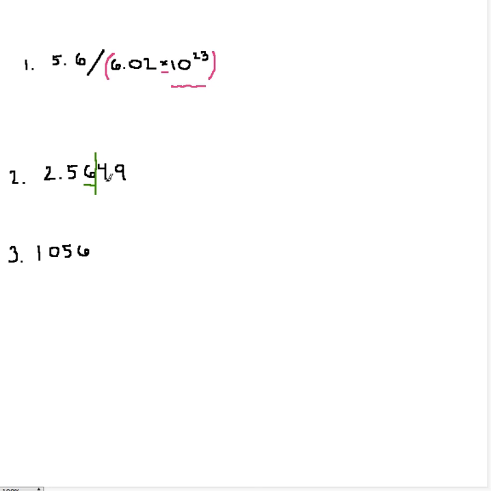If the number is between 1 and 4, right, then I leave this 6 alone. If it's between 5 and 9, then I need to round up. So 1 and 4, leave it alone.